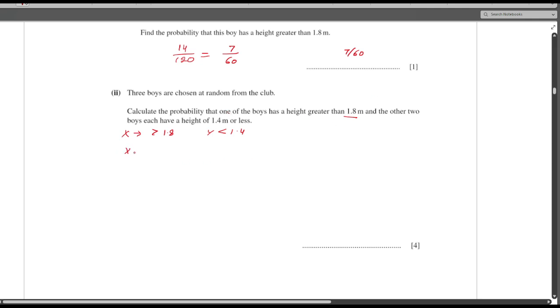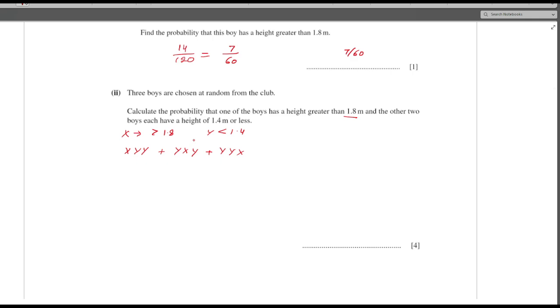That means x, y, y like this, or you can have y, x, y, or you can have y, y, x. So in all these scenarios, I have one person with height greater than 1.8 and two persons with height less than 1.4.